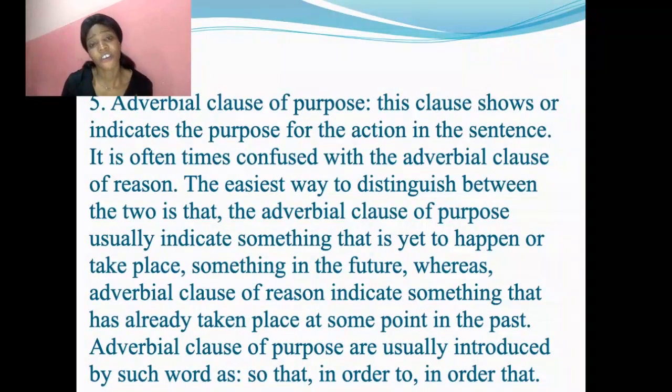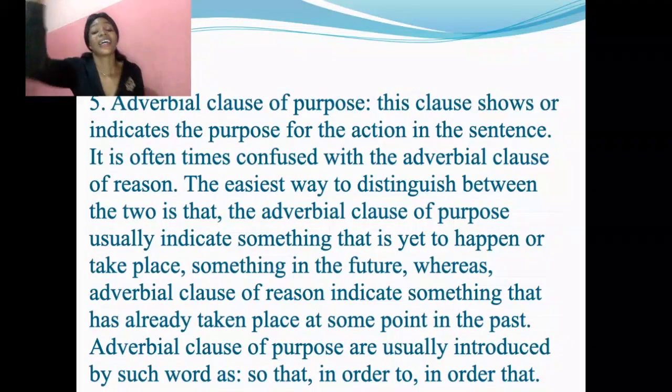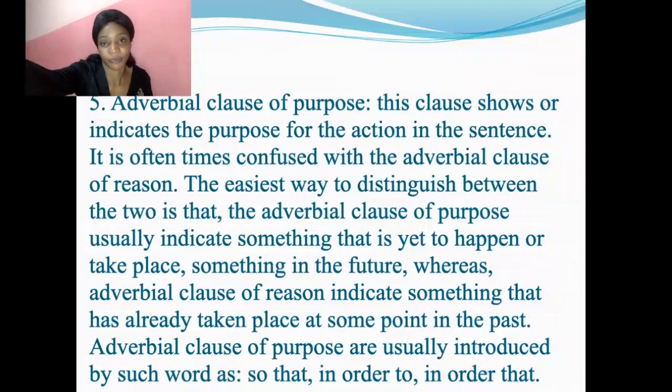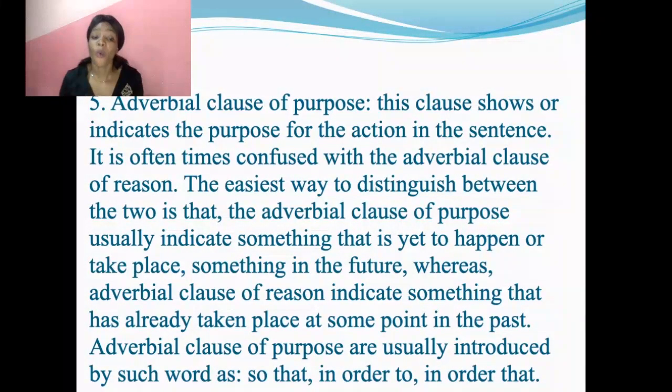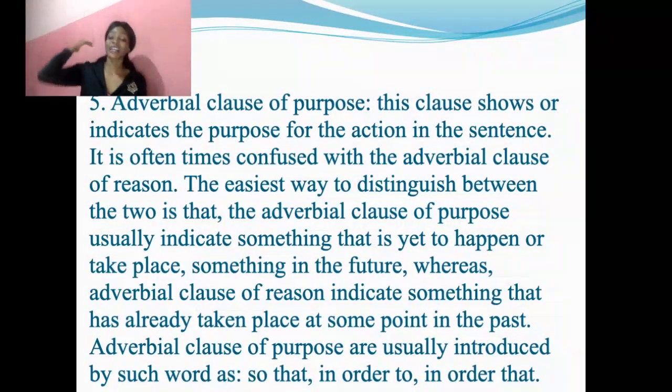The adverbial clause of purpose indicates something that is yet to happen. It has not yet happened. It is about to take place. Something that would happen in the future. That is what the adverbial clause of purpose indicates, while the adverbial clause of reason indicates something that has already happened in the past.